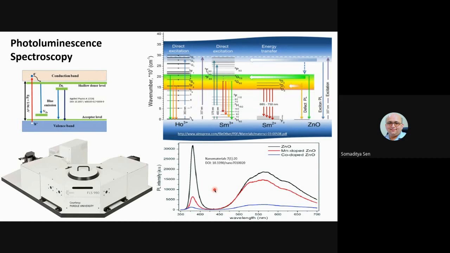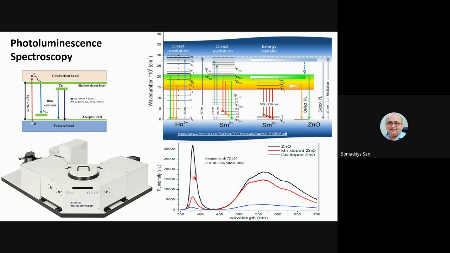So that's a near band gap emission. Okay, so here you can see this is the place where you expect the band gap to happen. So it's about 370 nanometers or something like that, which corresponds to about 3.125 electron volts. That is the band gap of the zinc oxide.